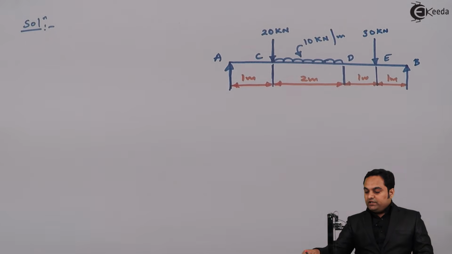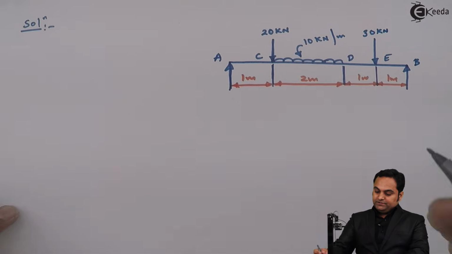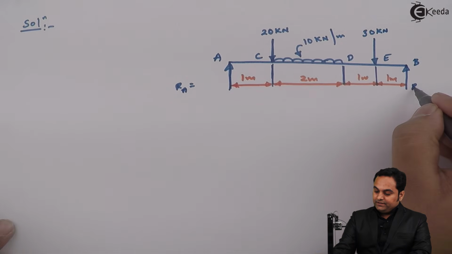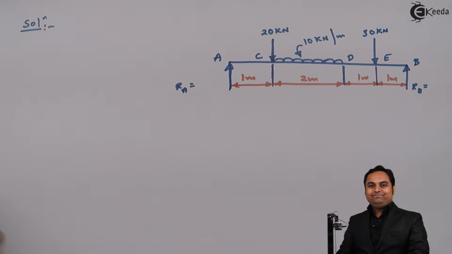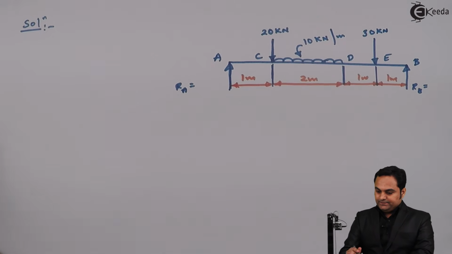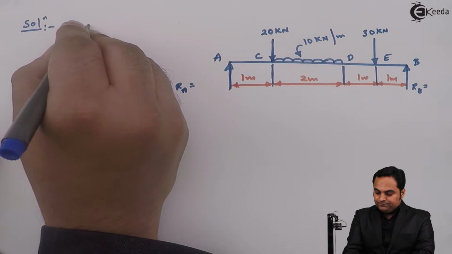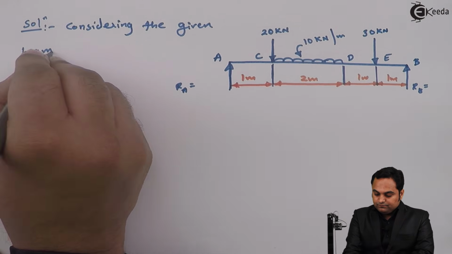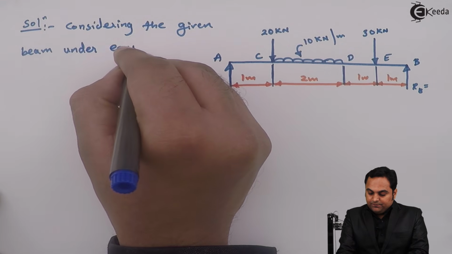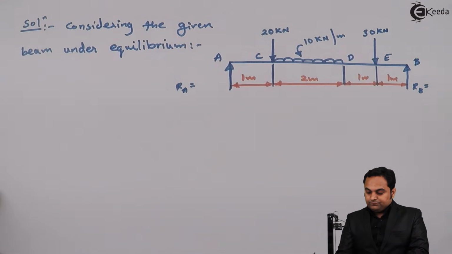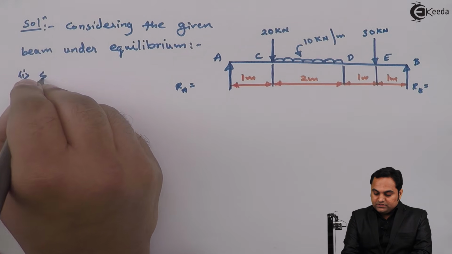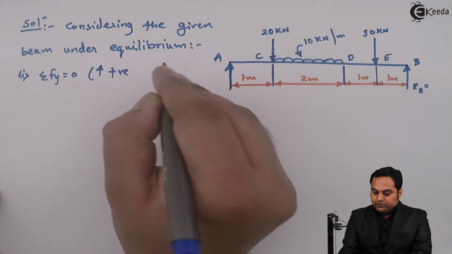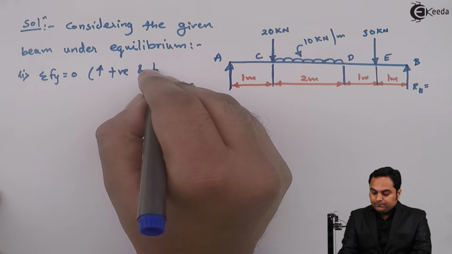The first thing is we should calculate the reactions, that is how much will be reaction at A and reaction at B respectively. So here I'll say that considering the given beam under equilibrium, I'll write down first summation of Fy is equal to 0, where upward forces are positive and downward forces negative.